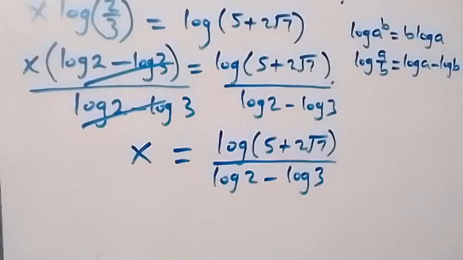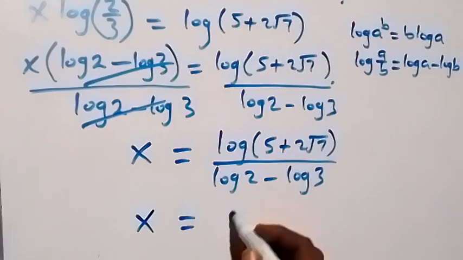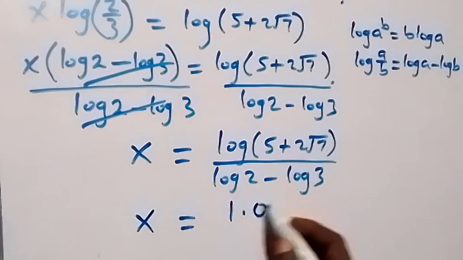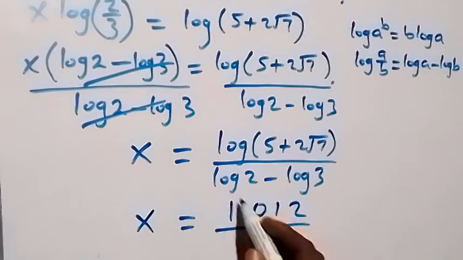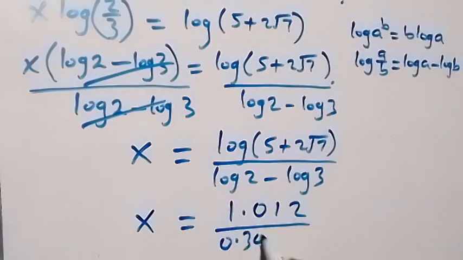And if we want to put our answer in decimal, so here log of 5 plus 2 root 7 will give us 1.012. Then over here log 2 is 0.301. Then minus here log 3 is 0.4771.